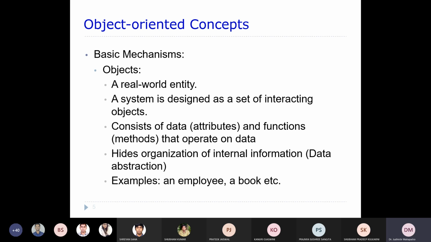These methods operate on those attributes. The object hides the organization of its internal information, so it also maintains data abstraction. Through the mechanism of encapsulation, objects hide internal information.